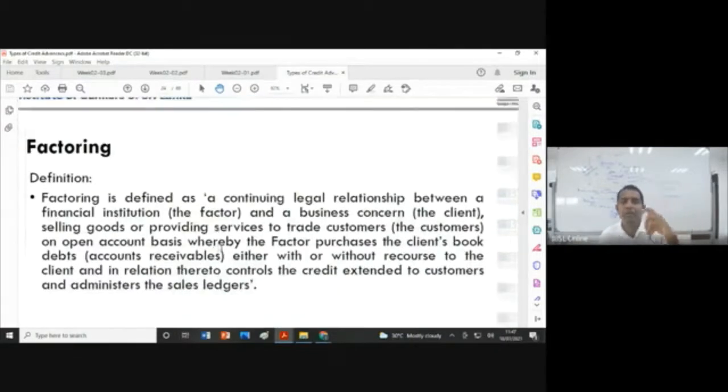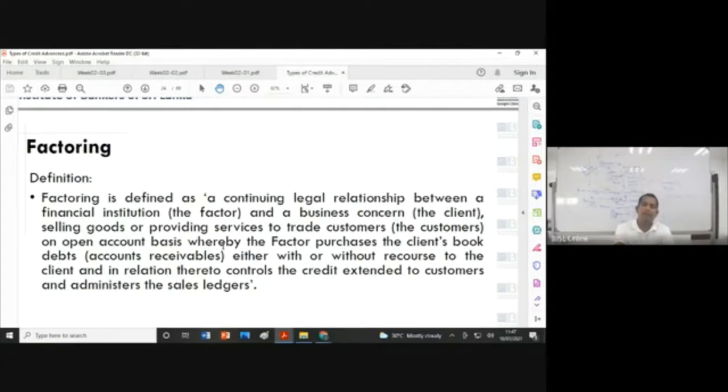Then we have something called factoring. It is one of the famous but high cost ways of financing the short-term assets, the current assets. I'll read it out first.